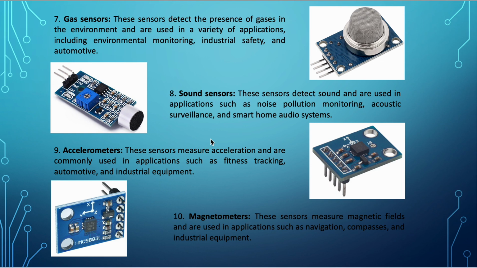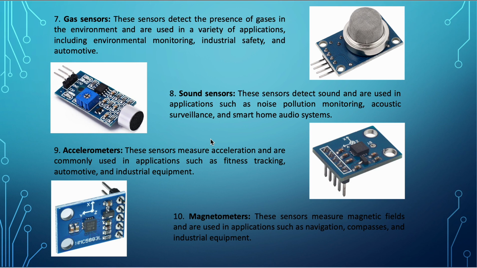Accelerometers, these sensors measure acceleration and are commonly used in applications such as fitness tracking, we talked about that, automotive, driverless cars, and industrial environments. So what do accelerometers really detect? They detect movement.